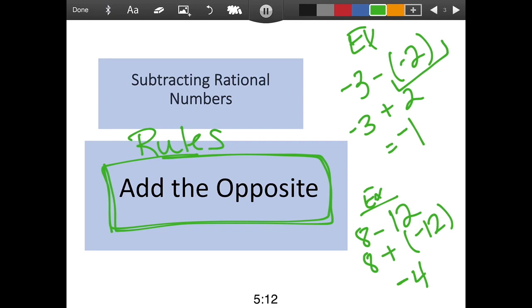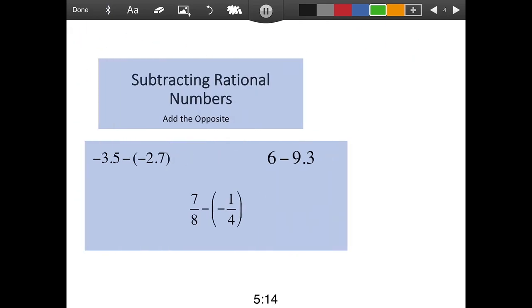Now let's take a look at subtracting rational numbers, some fractions and decimals here. So right here, let's look at example 1. The very first thing I'm going to do is apply my rule of add the opposite. So I'm going to rewrite example 1 as -3 and 5/10.